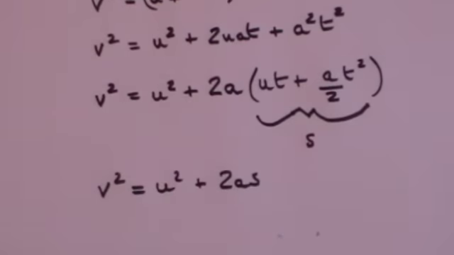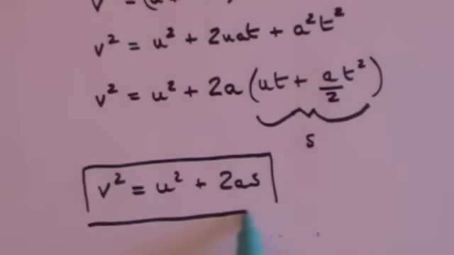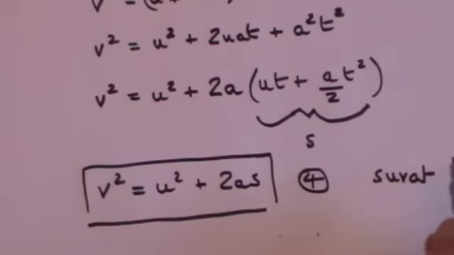So that's s. And that is the fourth and final Suvat equation. And this one has got v, the final velocity, u, the initial velocity, a, the acceleration, and s, the distance. This one doesn't include time.